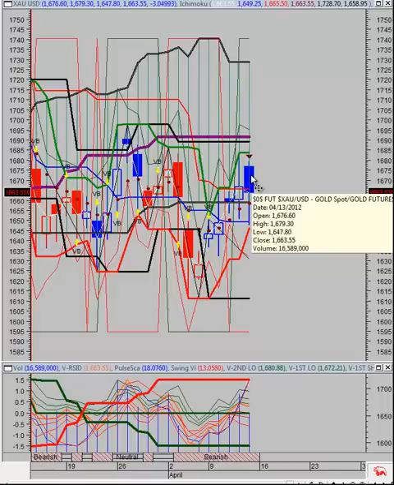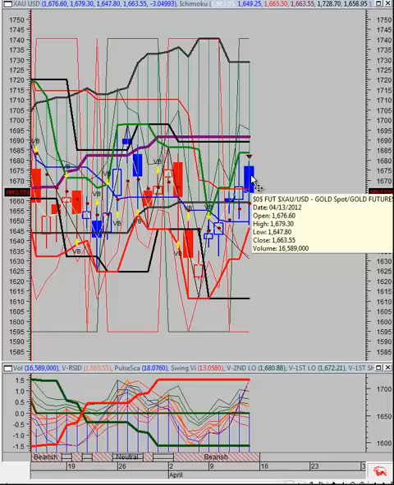And I'm beginning to think that it's very possible that we will crack below that 1646 and get all the way down to the 1611, which would be the first sign of support.